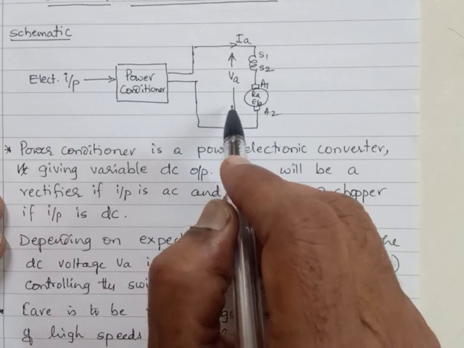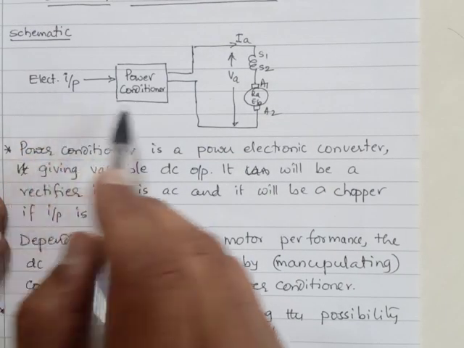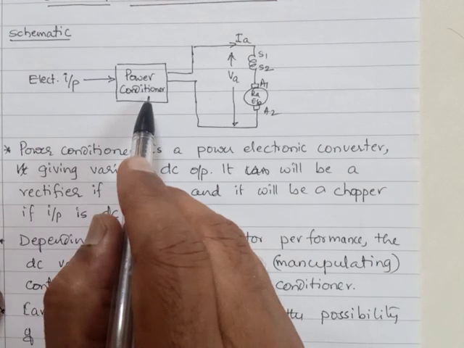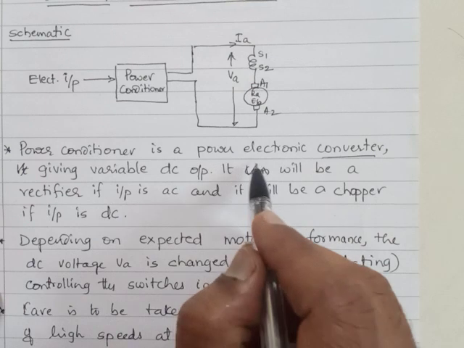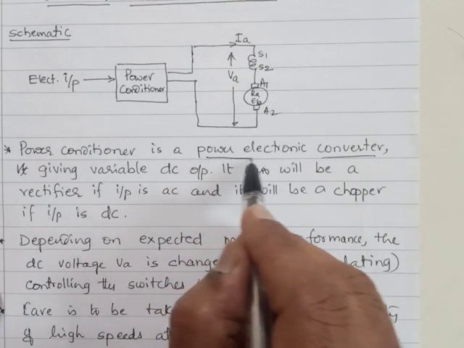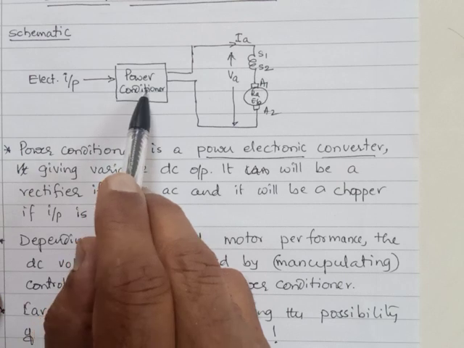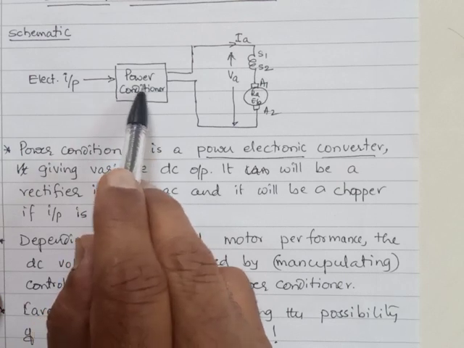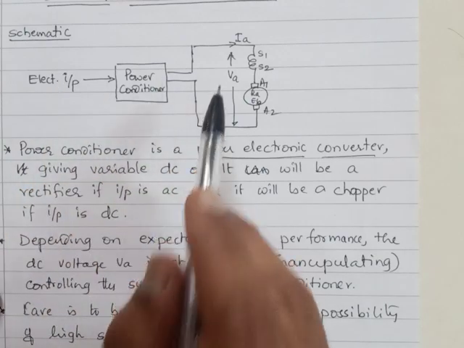Controlled DC can be obtained from the input electrical using a power conditioner. This power conditioner is typically a converter, a power electronic converter. This can be a rectifier, controlled rectifier, if the input is AC, so that I will have fixed AC to variable DC.